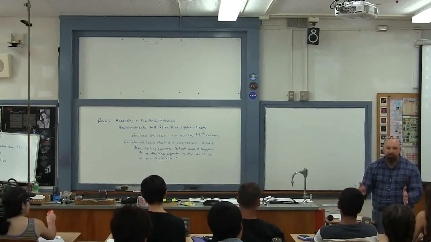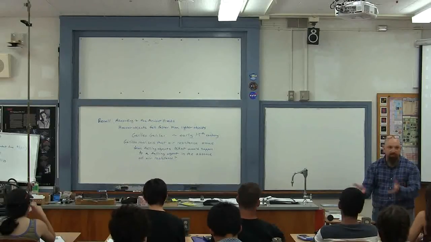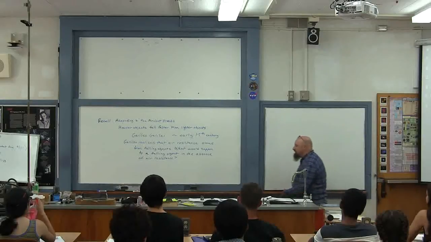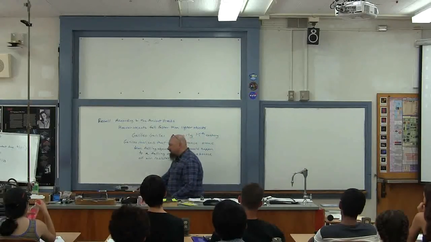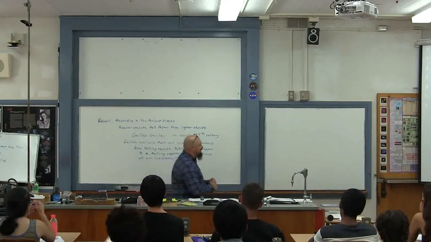So he's a key figure in the development of the scientific method as a process, in addition to doing everything else that he did. Now let me describe to you his very simple experiment. I'm then going to show you a couple of different versions of it, including a more modern example.